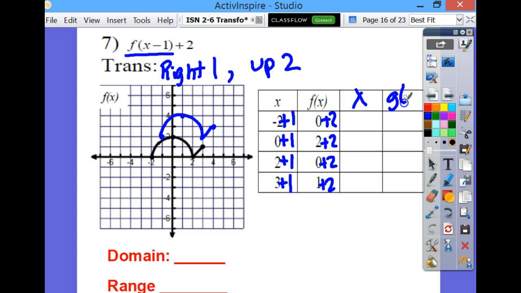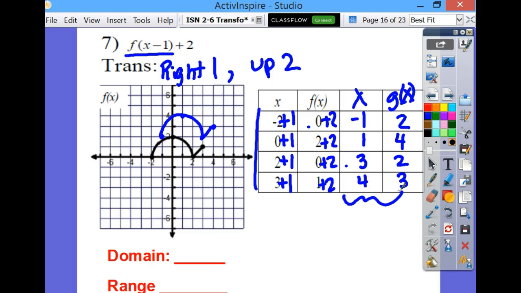So my new graph, the one in purple, would be here. Add these numbers to get this column, add these numbers to get this column. This is my new graph up here that's in purple.